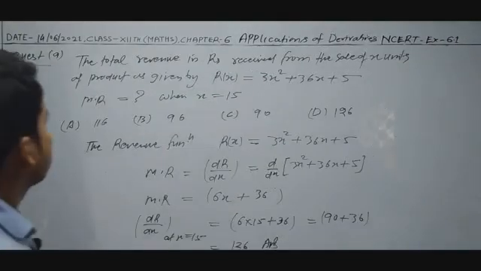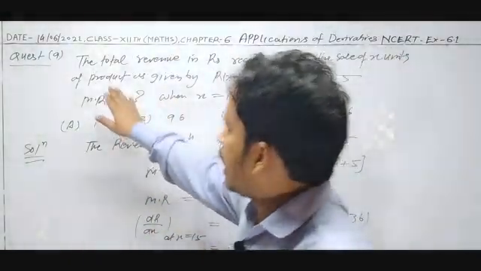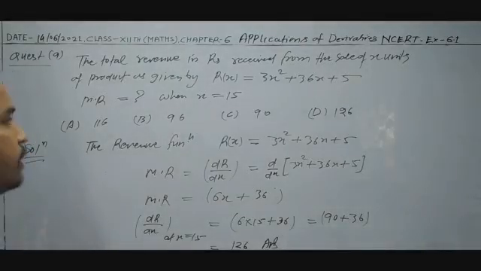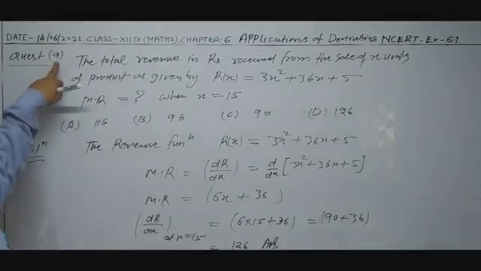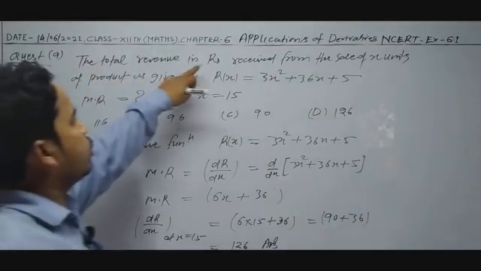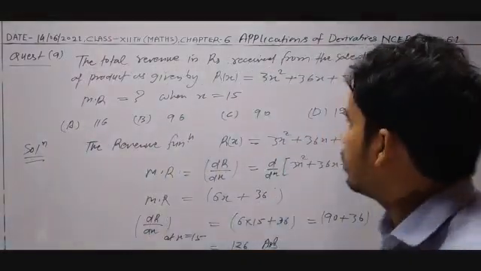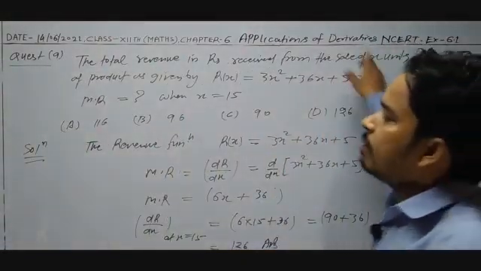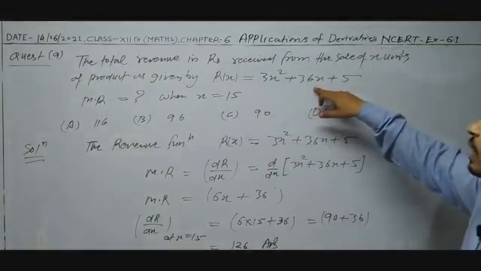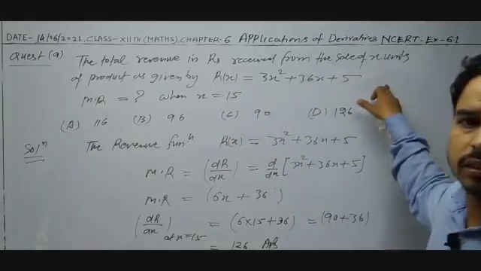So now class, come to question number 9. This is question number 18 of NCERT 6.1, but according to me this is question number 9. The total revenue in rupees received from the sale of x units of the product is given by R(x) is equal to 3x square plus 36x plus 5. This is the revenue function.